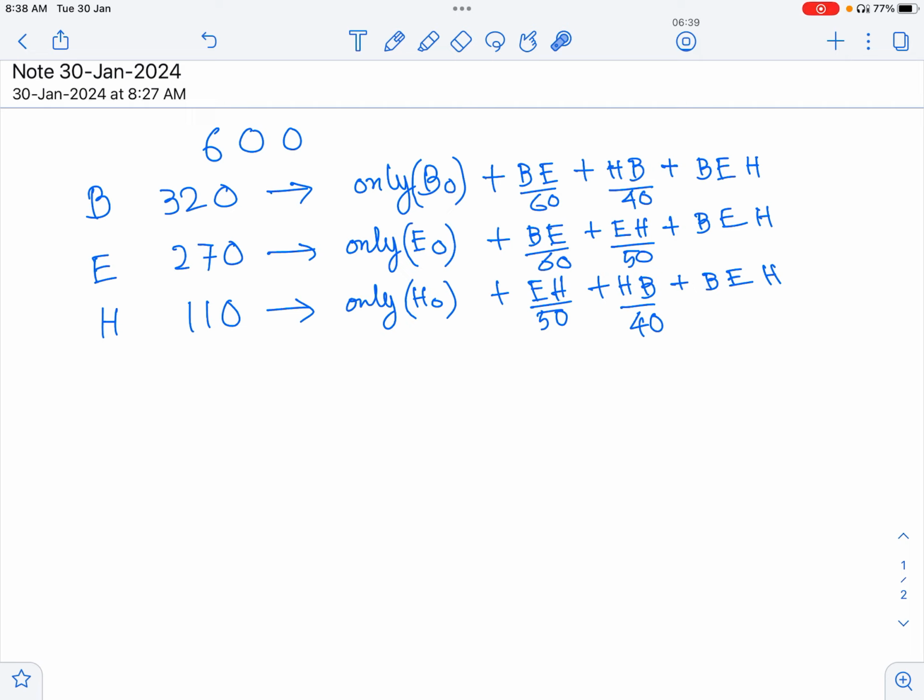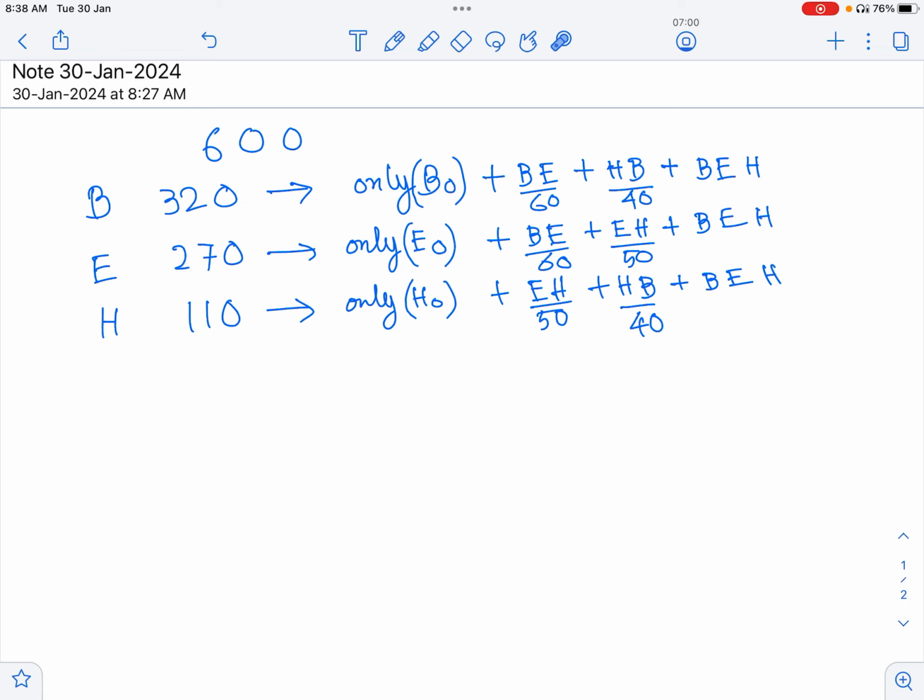Now also it is not clearly given the number of those students who learn only Bengali, only English, and only Hindi.